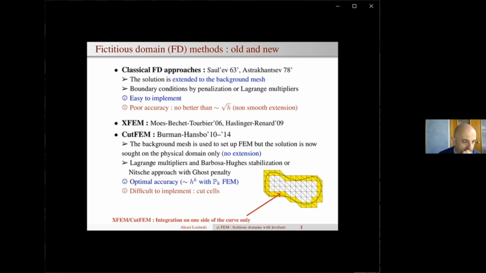So with Lagrange multipliers or Nitsche approach with appropriate stabilization, we get indeed optimal accuracy. But at the same time, the methods are difficult to implement because of these cut cells. So indeed, the weak formulation is set up on the physical domain. So it means that we should compute the integrals over the cut portions of the mesh cells.